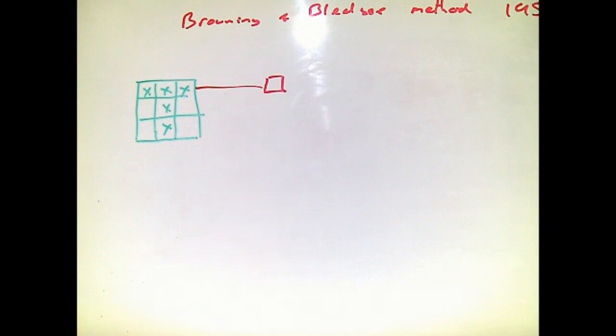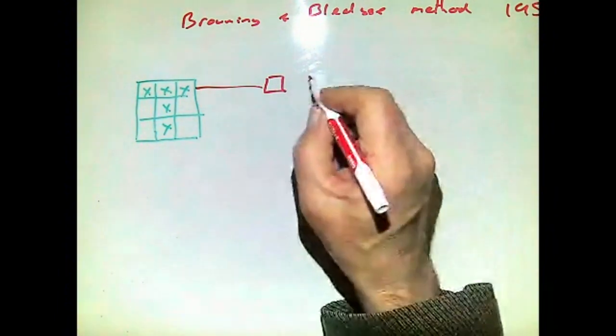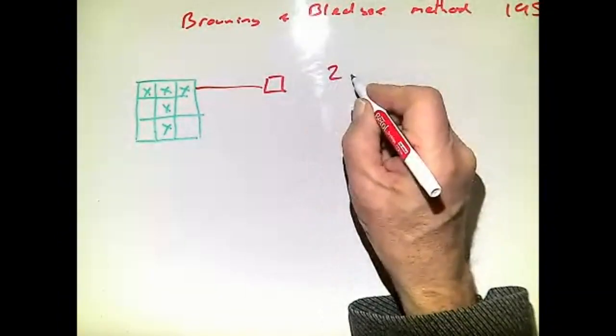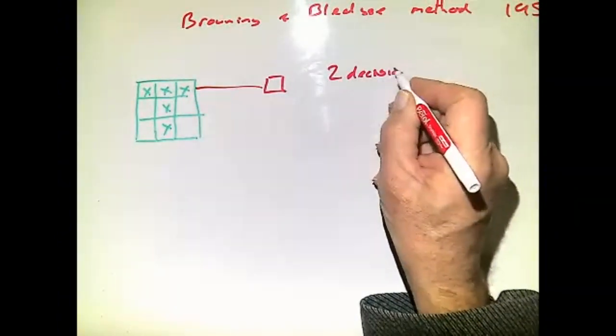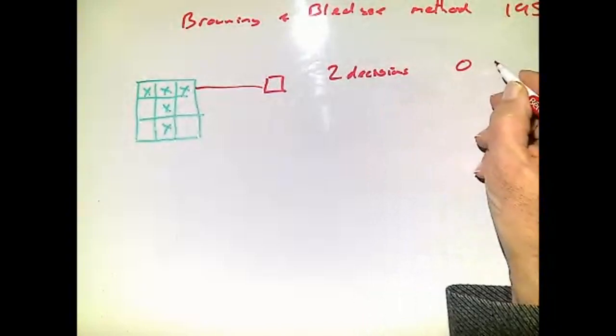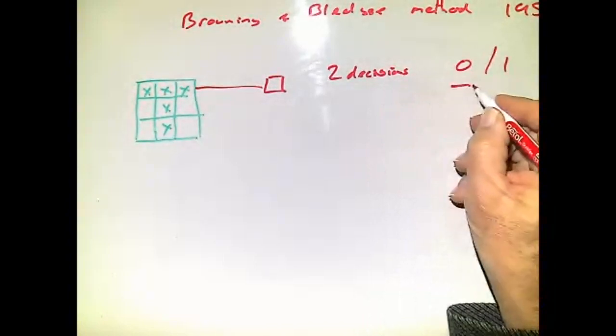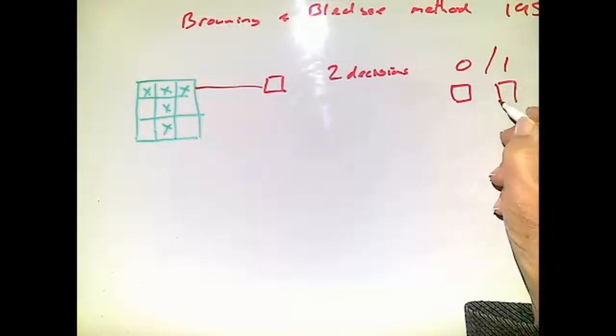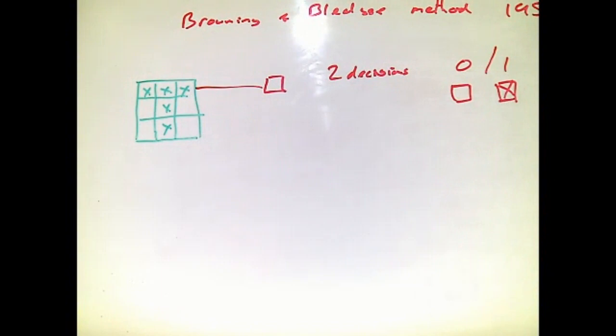So a single pixel, 2 decisions. Or in the case of an image, it's going to be a pixel that is black or a pixel that has a cross in it. Now, if I'm trying to make a decision on characters, there's 26 of them, I'm looking at one pixel, I can't make 26 decisions. I can only make 2 decisions. It's not enough. So, if one pixel won't give me enough range of decisions, what do you suggest we do?